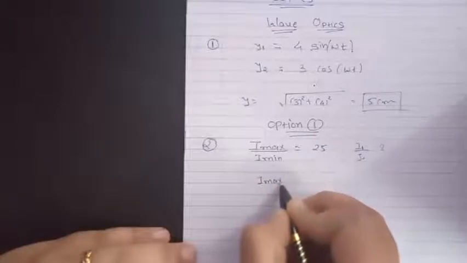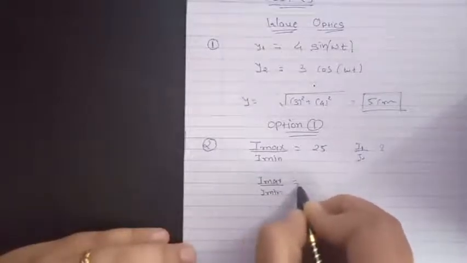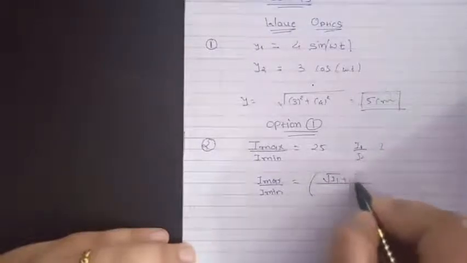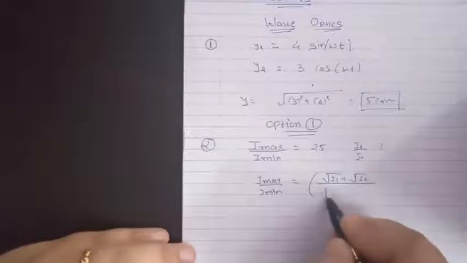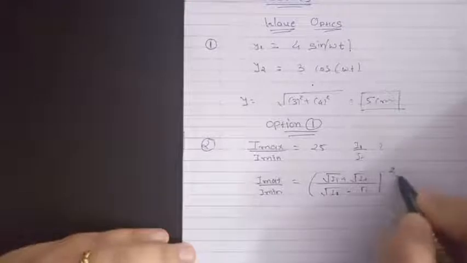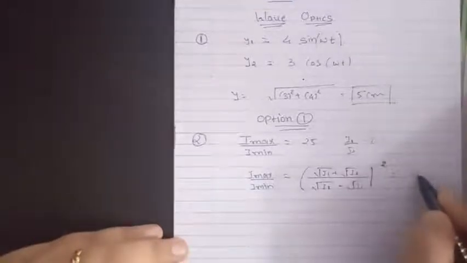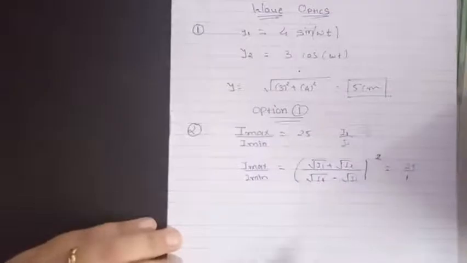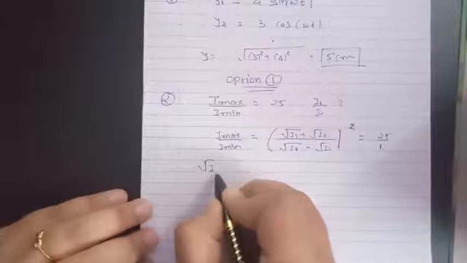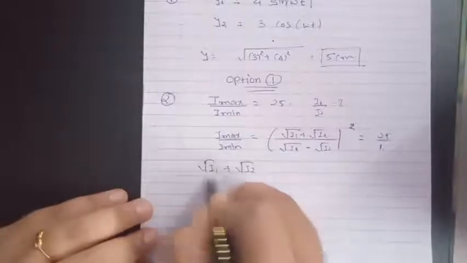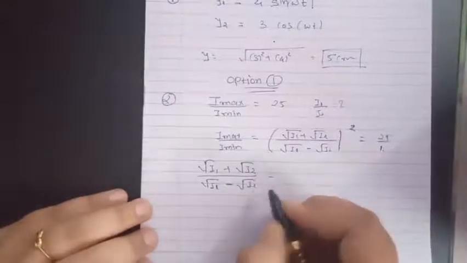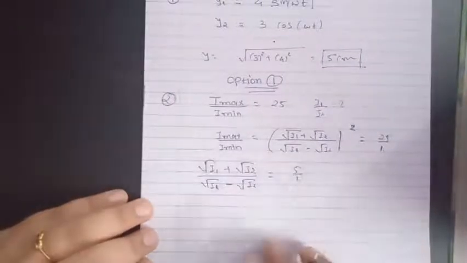Here, I max divided by I minimum is given as (root I1 plus root I2) divided by (root I1 minus root I2) whole square, and this is given as 25 is to 1. So taking square root on both sides, we can write (root I1 plus root I2) divided by (root I1 minus root I2) is equal to 5 is to 1.